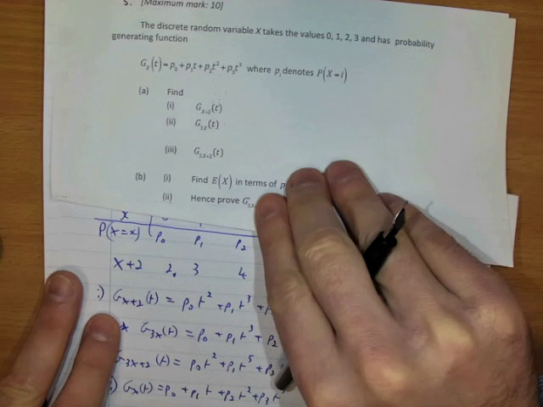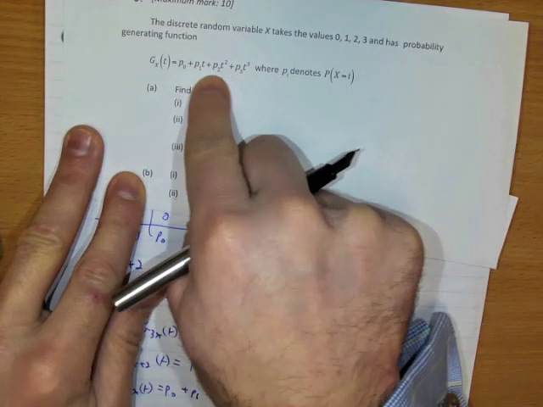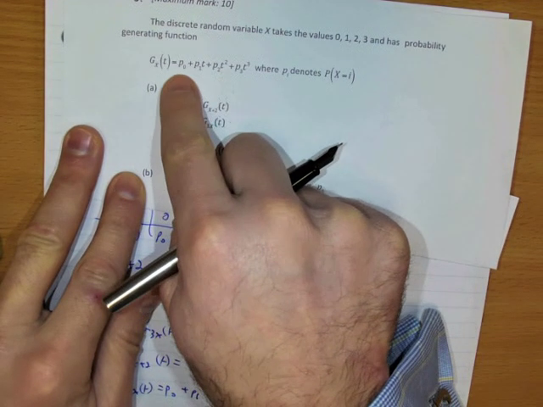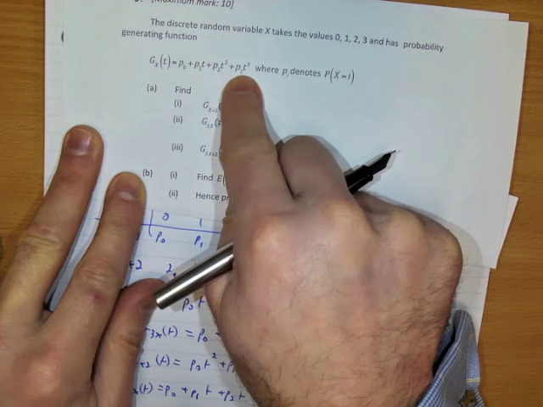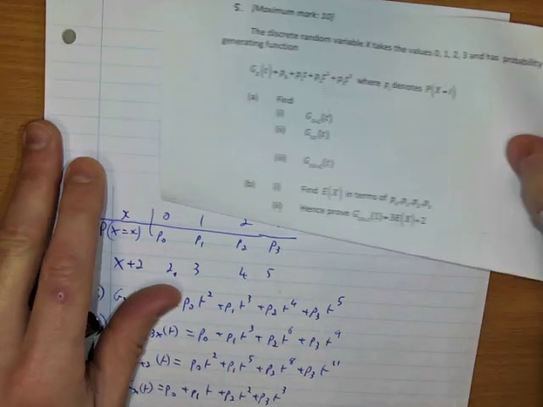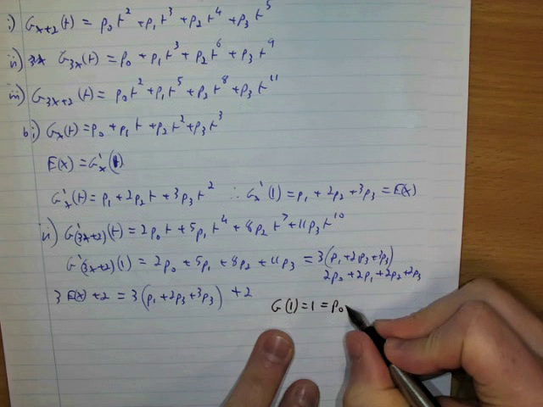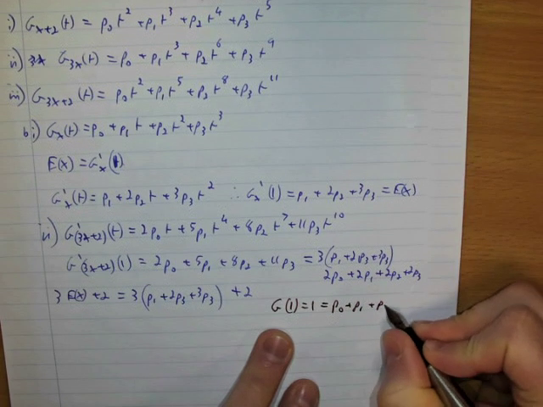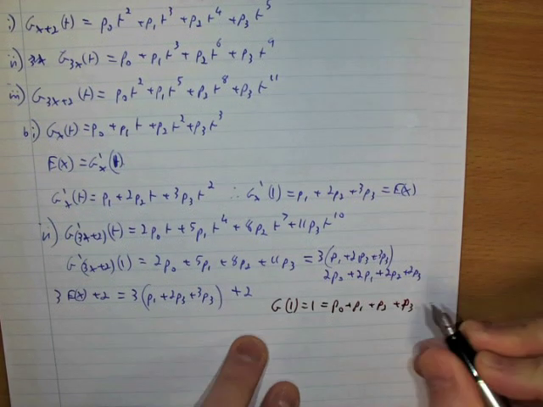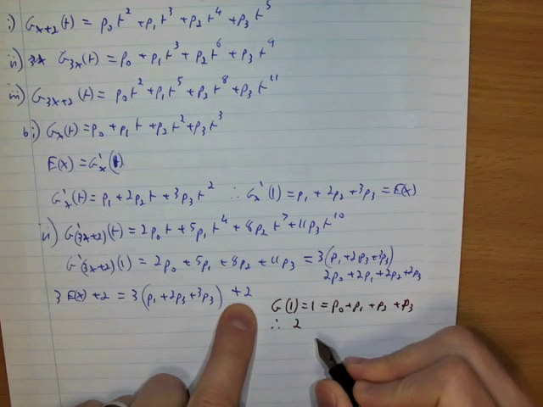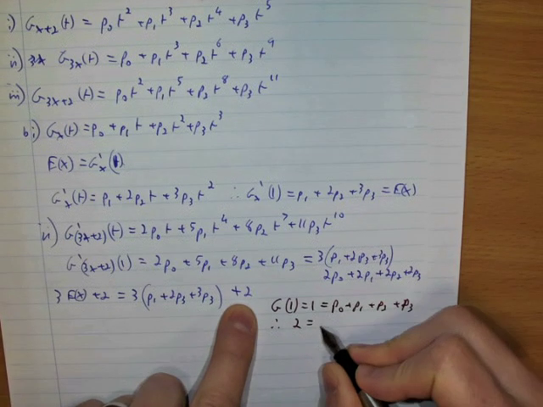So when we put t equals 1 in here, you're adding up all those probabilities, p0, p1, p2, p3 added together. So we know that this is p0 plus p1 plus p2 plus p3. Therefore 2 lots of this is going to be this.